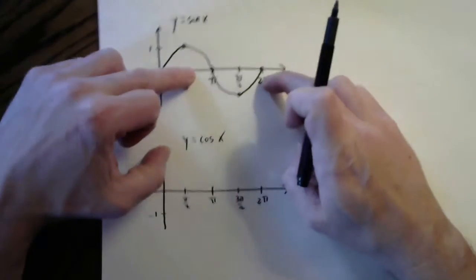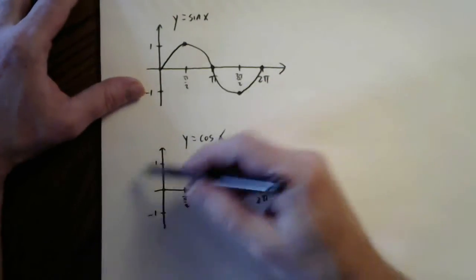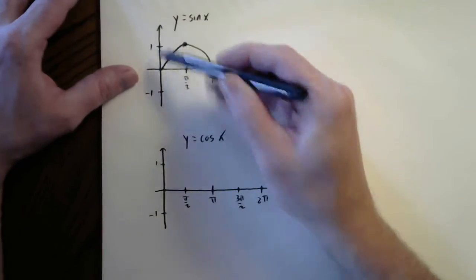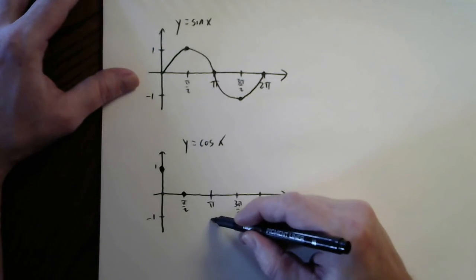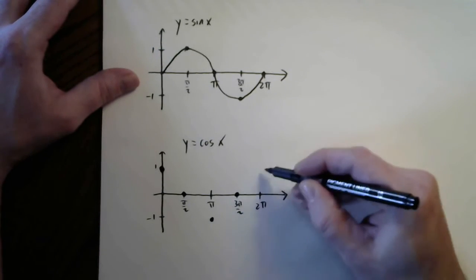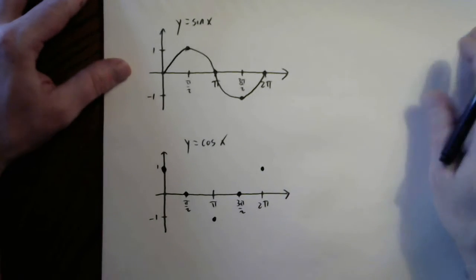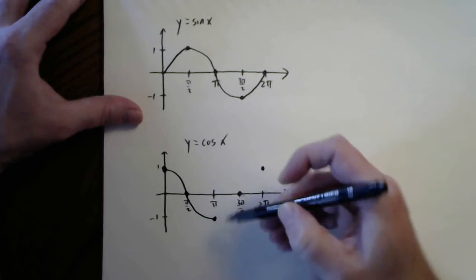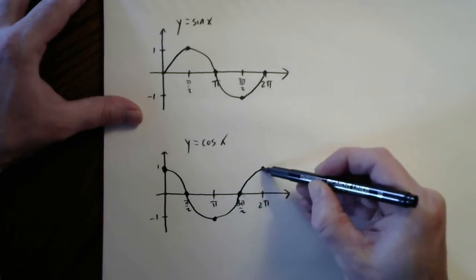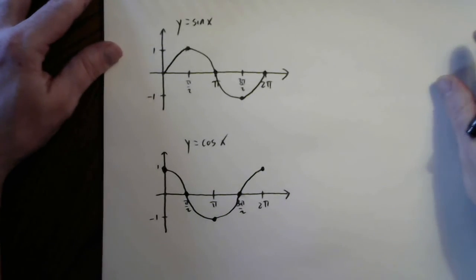So this is literally this shape just shifted half a pi that way. This point goes here, this point here, here. In trig we call these the 5 key points. And this is another cycle of a periodic function. It repeats in both directions indefinitely as well.